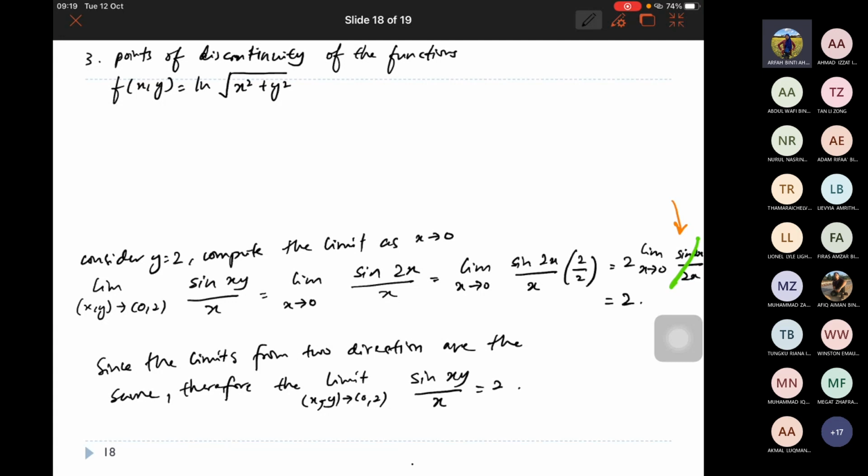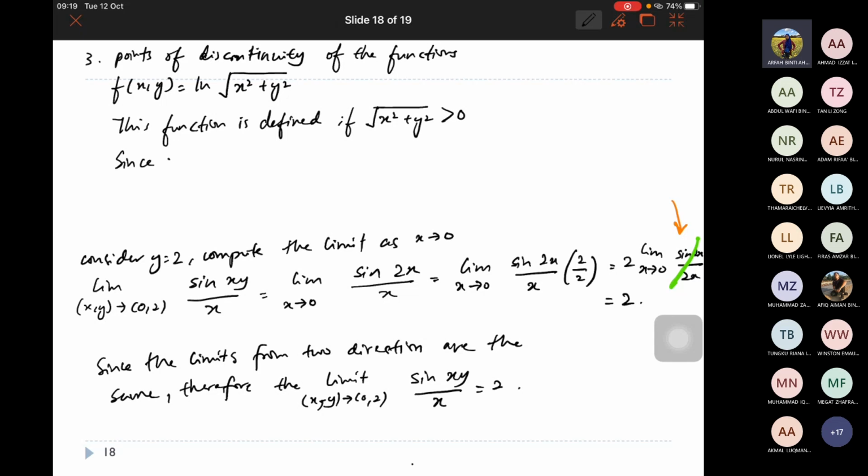So kat mana function ini define? This function is only defined, okay, if square root of x squared plus y squared lebih besar daripada kosong. Okay. Maksudnya nilai ln tu akan ada satu nilai nombor nyata kalau hasil punca kuasa 2 x squared plus y squared, that one is greater than 0. Okay.